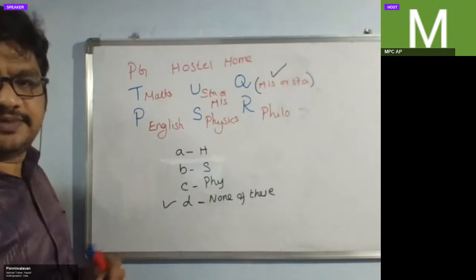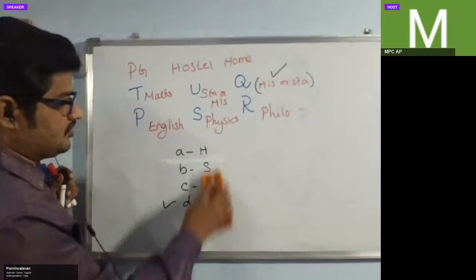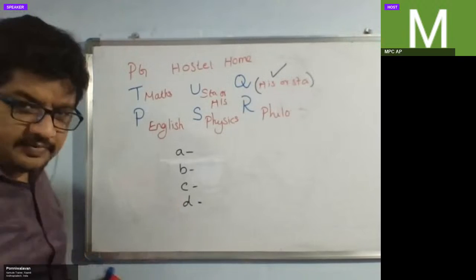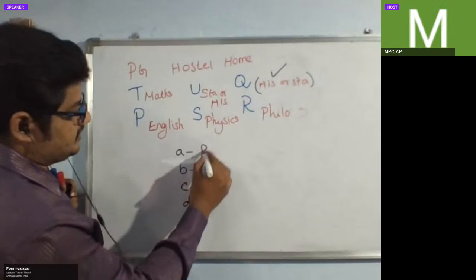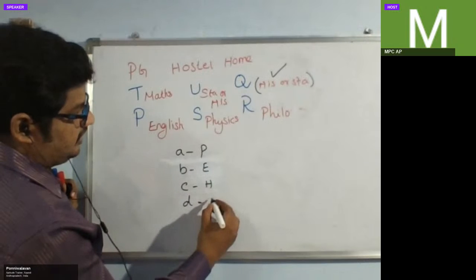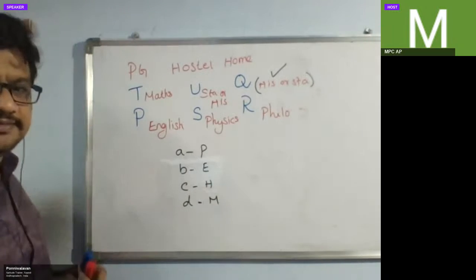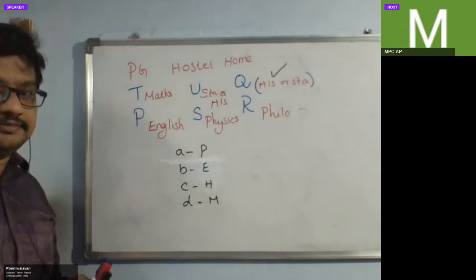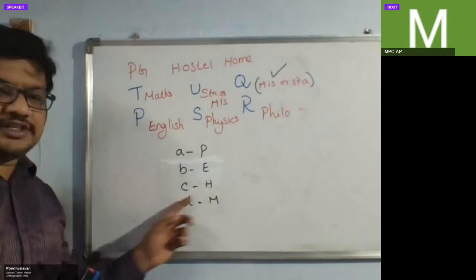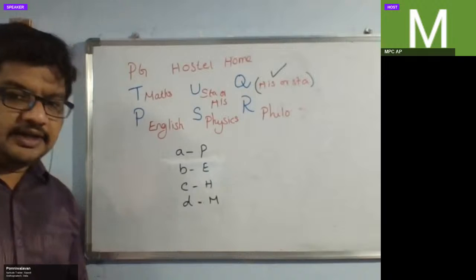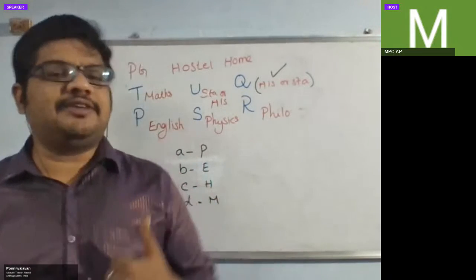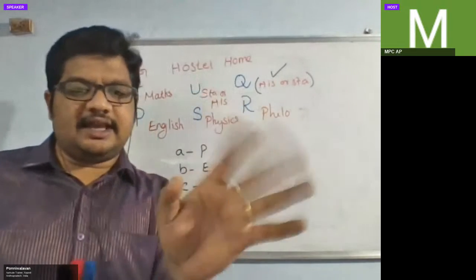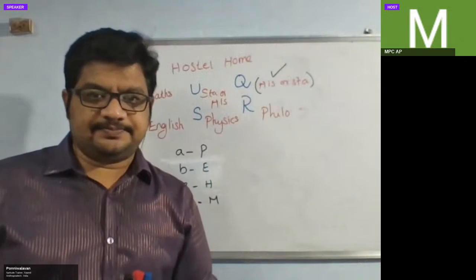Or physics, English, history, maths. Then what is the answer? Yes, now you can go for C, history. So there is a priority, and you have to be very clear about that. We use data inadequate only when neither of the options applies.